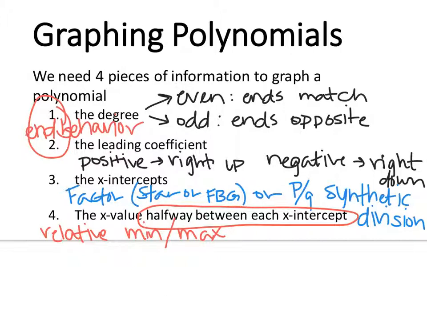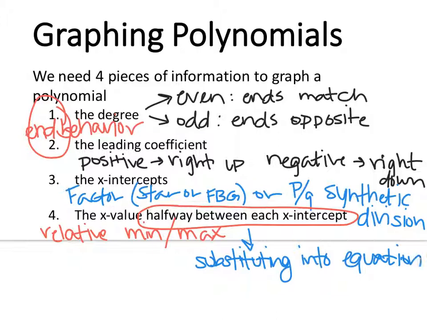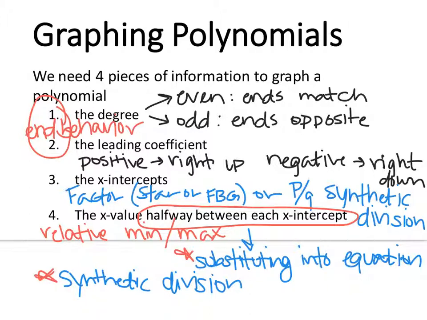The y value you can find through either substituting x into the equation and just plugging into a calculator, or you can use synthetic division. I will show you all synthetic division since that's probably the one we're least familiar with. If on the try your own you would rather substitute into the equation, you can totally do that.